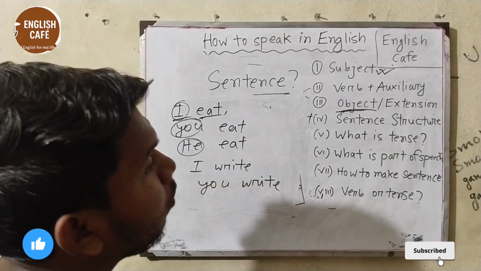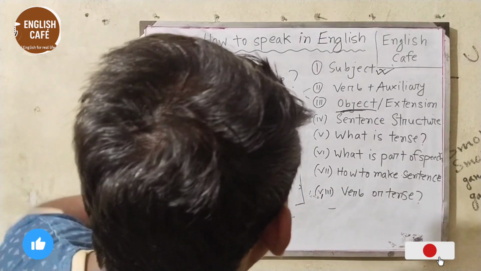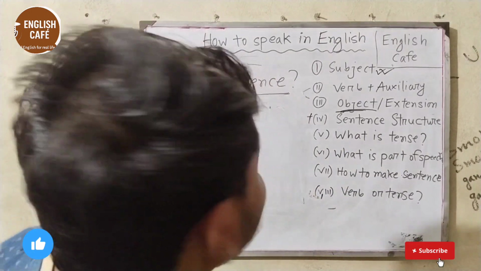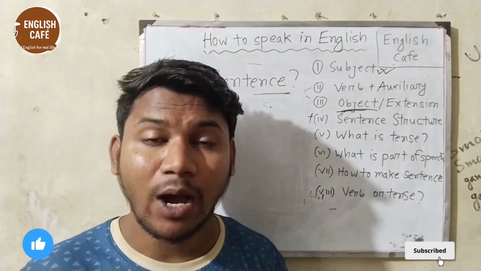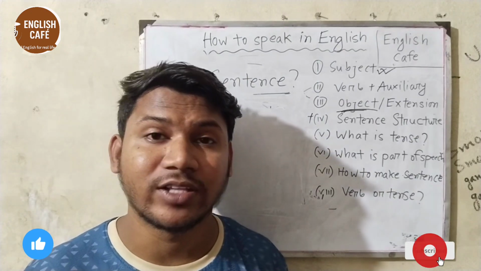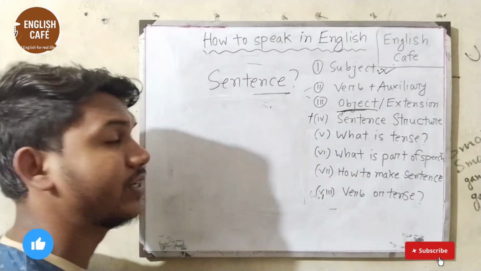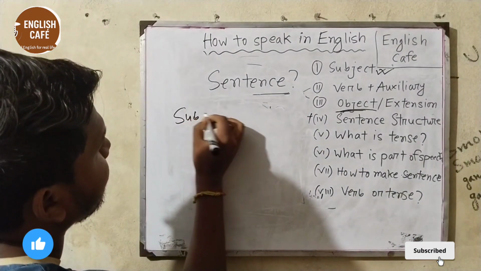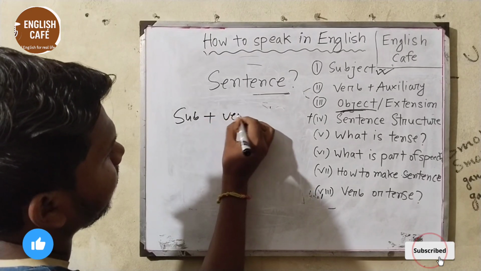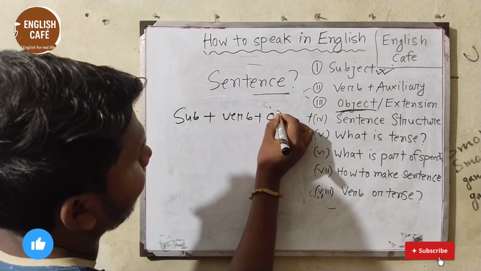Now we need to know the sentence structure. The basic sentence structure is subject plus verb plus object.